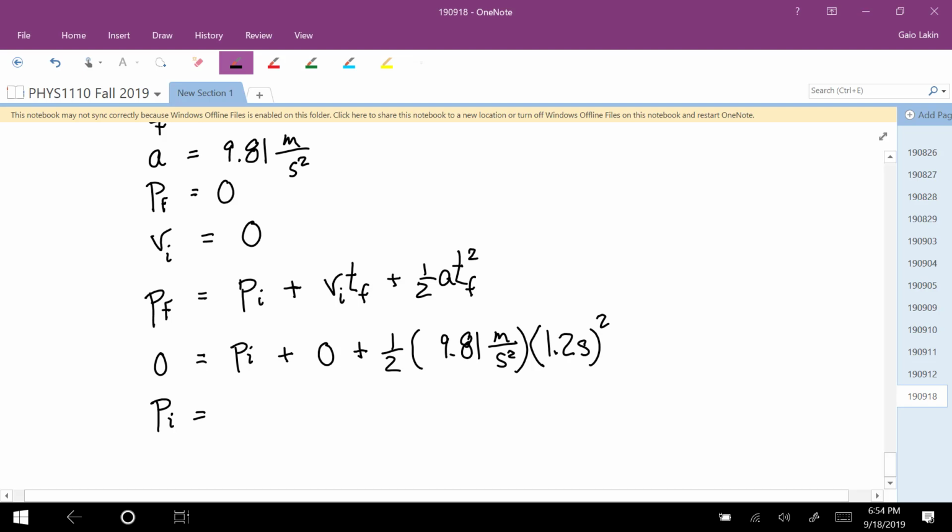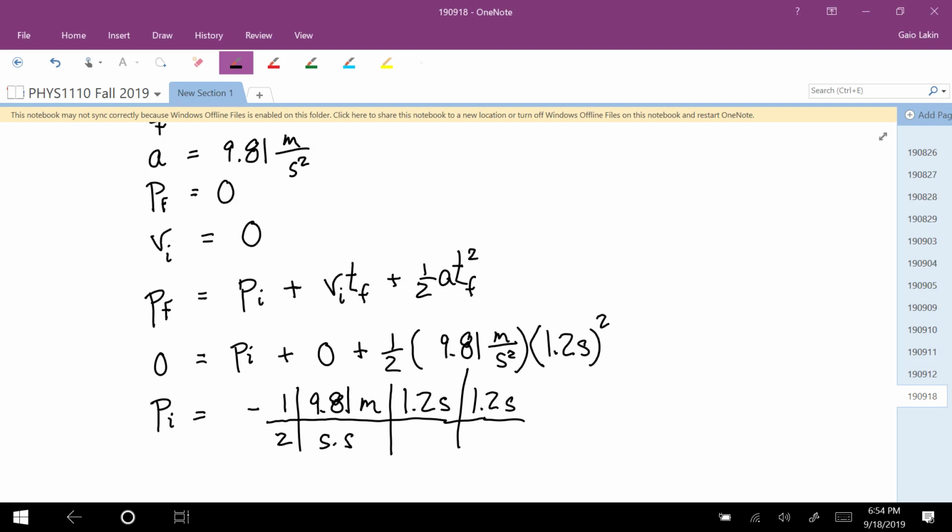So now P initial is over by itself on the left and we have negative 1/2 times 9.81 meters over seconds times seconds, times 1.2 seconds times 1.2 seconds, and you get cancellations of all the seconds.